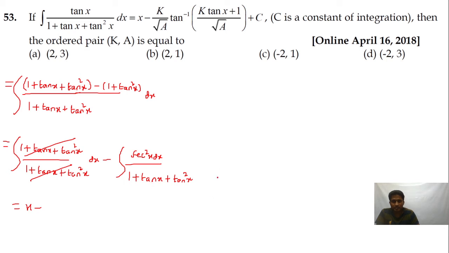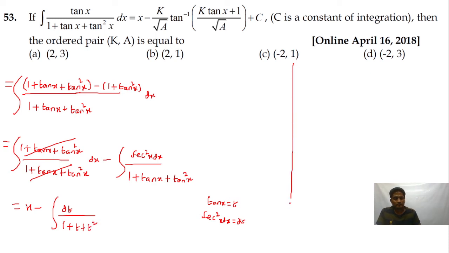Here I'll put tan x is equal to t. Tan x is equal to t. So sec square x dx is equal to dt. So this becomes numerator as dt upon 1 plus t plus t square. Okay, let us complete the squares. t square plus t plus 1 can be written as t square plus t, I add 1 by 4 and I subtract 1 by 4 and plus 1.